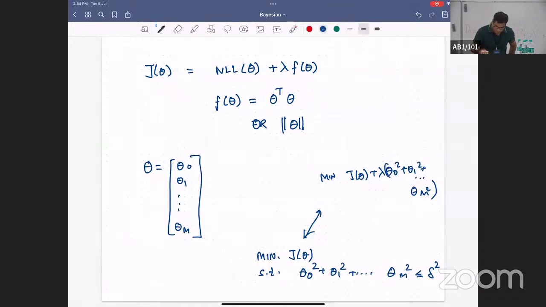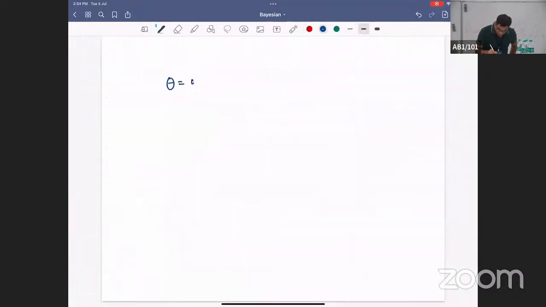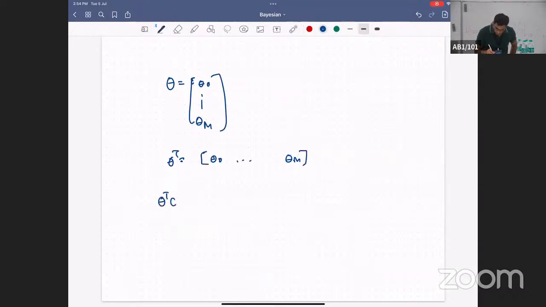So that comes from the fact that if theta equals theta naught till theta m, theta transpose is then theta naught till theta m. So theta is m rows, one column. Theta transpose is one row, m columns. You want a scalar, right?